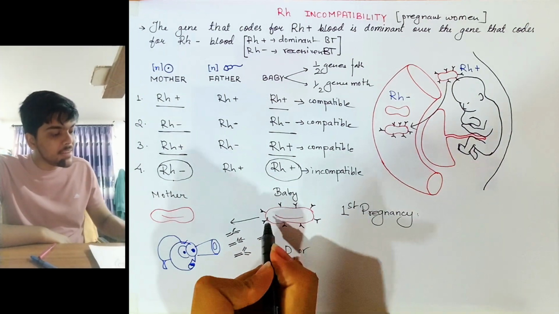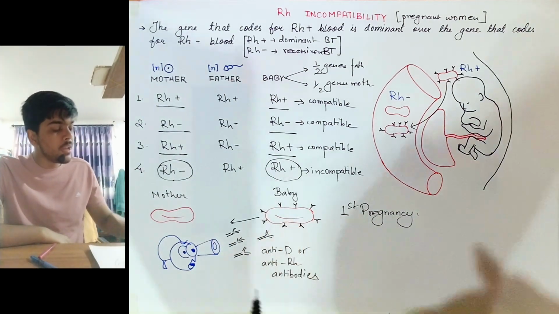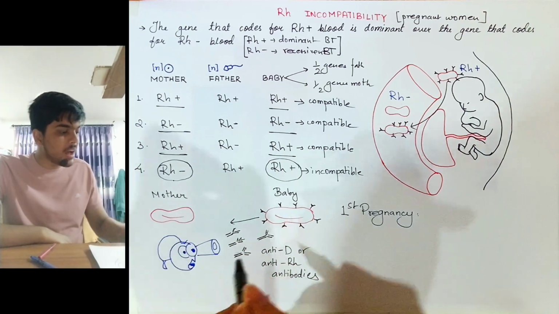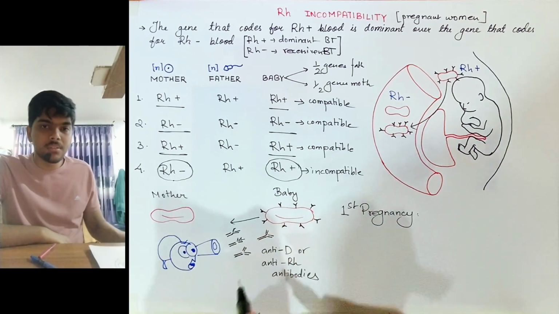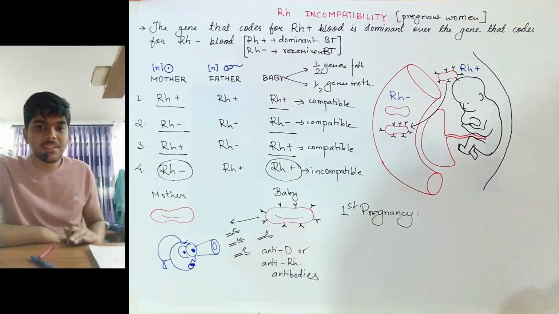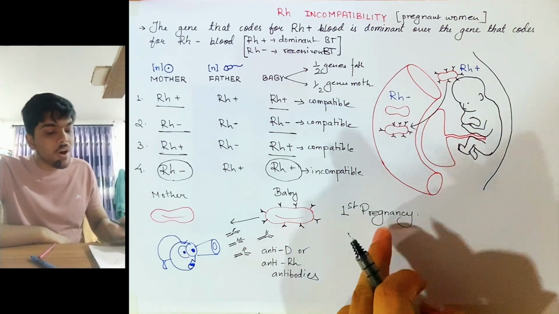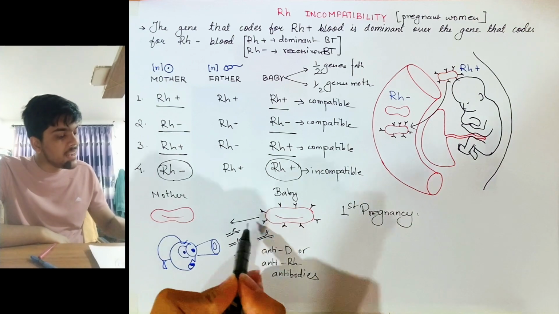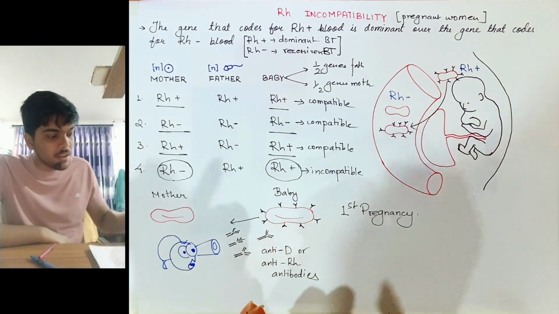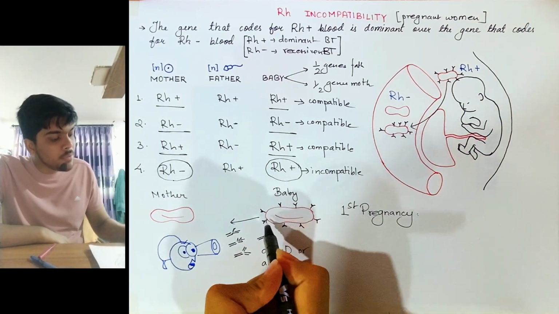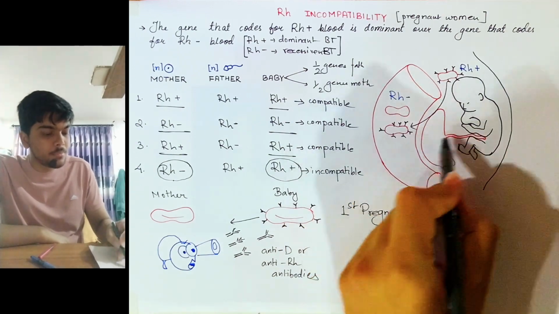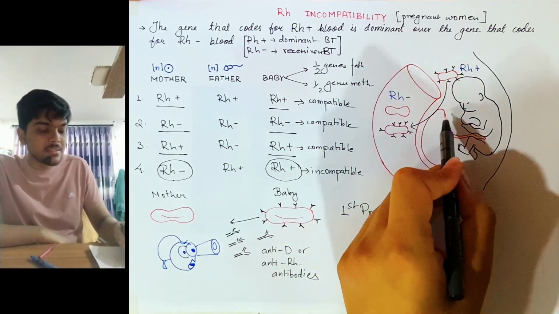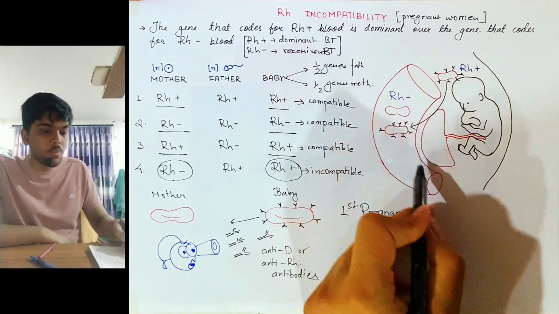Once the Rh antigen gets introduced to the immune system, then the antibodies are formed and launched, which are called anti-Rh antibodies. So during first pregnancies, these antibodies are just made and launched that destroy the blood of the baby that has just entered the blood of the woman.